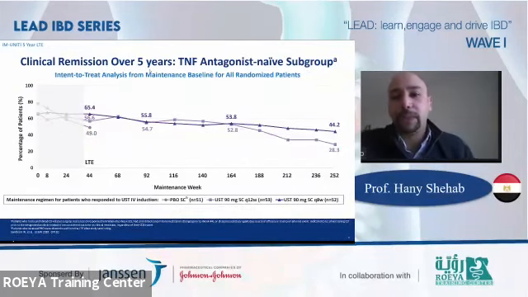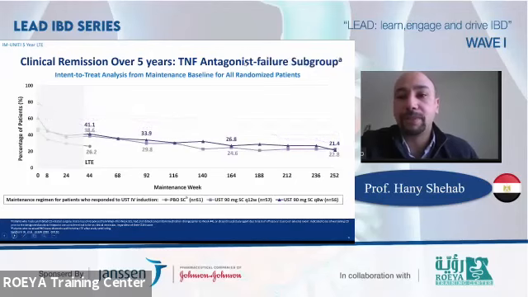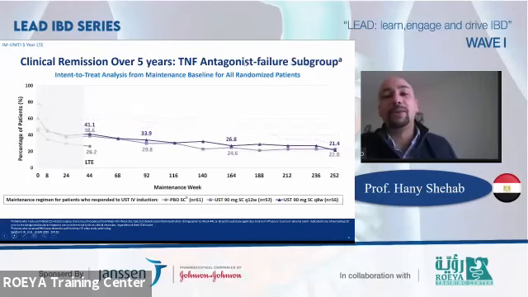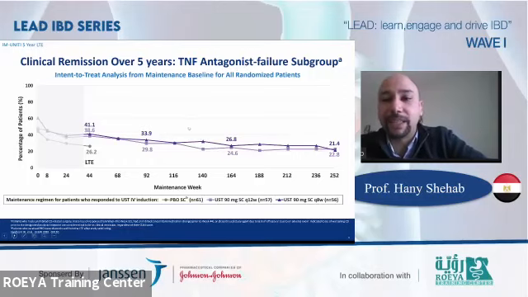Now, if we segment it into TNF antagonist naive and TNF antagonist experienced patients, as expected, those who were TNF naive had a better outcome than those who were TNF antagonist failures. Now, the question still remains, and I think it's still an unanswered question: is the fact that these patients did worse just because they are more difficult patients, or is it the fact that you gave them a TNF alpha first, did this have a deleterious effect and cause a worse effect with ustekinumab?